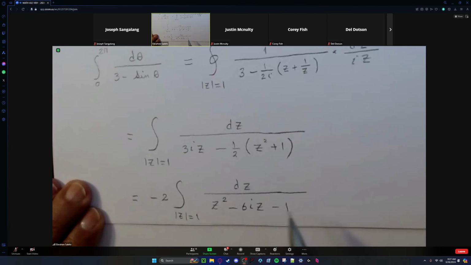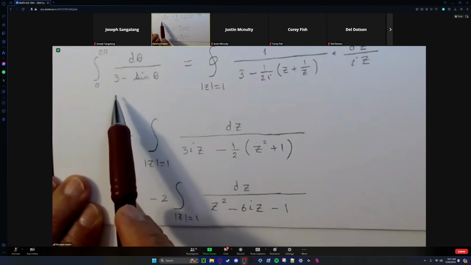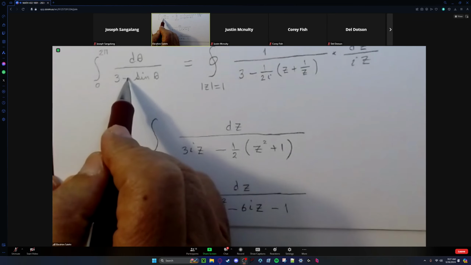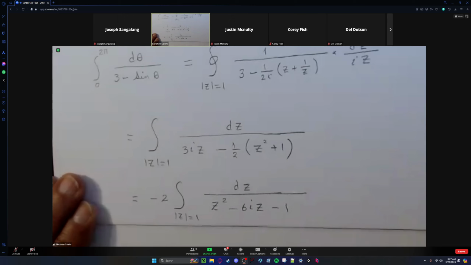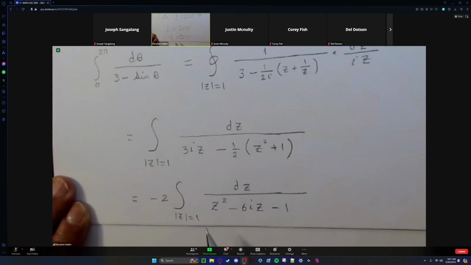This is how this integral, which was from calculus 2, and we know that it converges, it's supposed to give us a number. This is how we convert this to an integration in complex analysis.